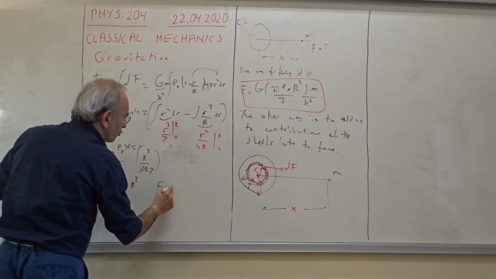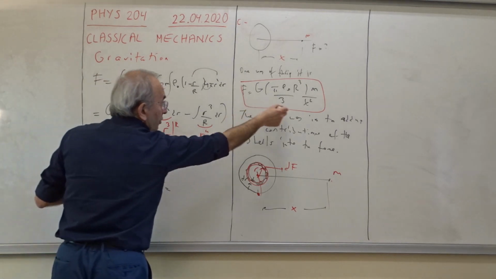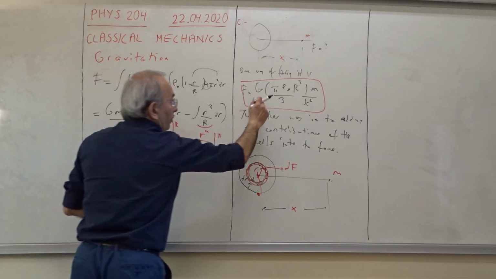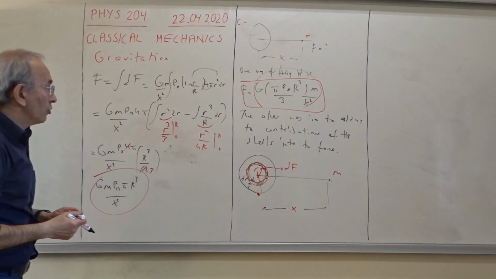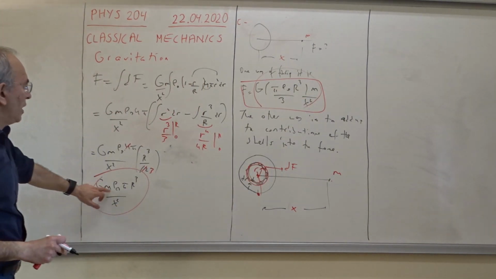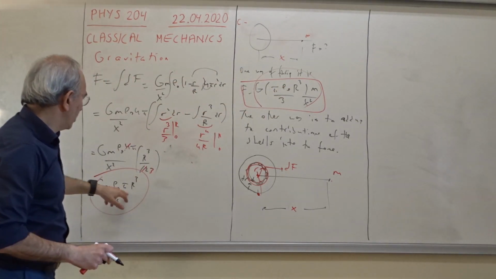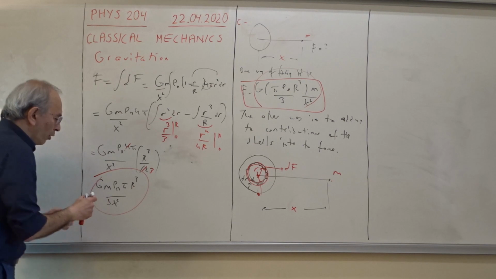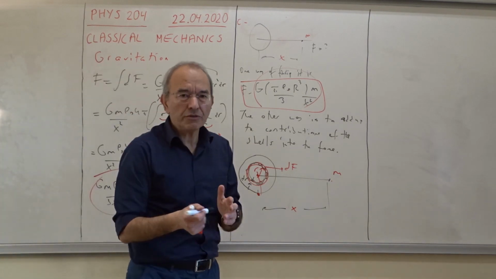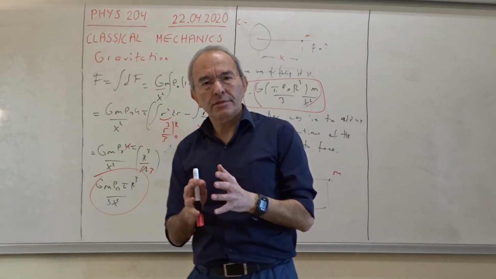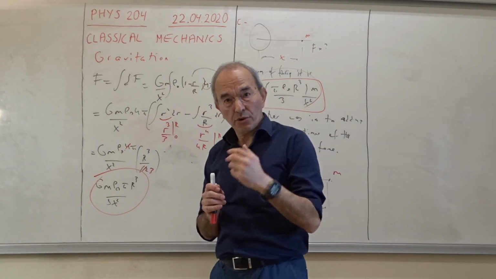Of course, the force would be the right hand side. Let's compare the results, this one with that one. Do we have the same term? Yes, we do. G m rho 0 pi, G m rho 0 pi, R cubed over 3x squared. 3 is also here. So we obtain the same result, which means that we found the mass of varying density correctly.